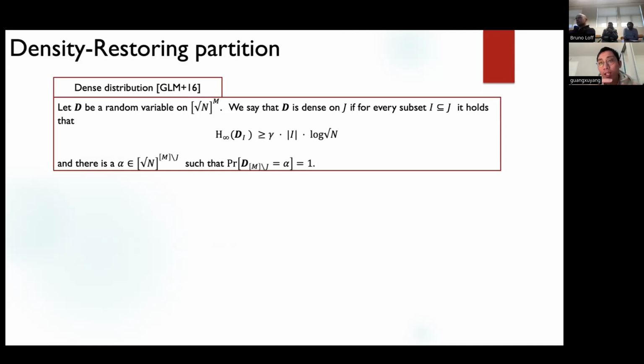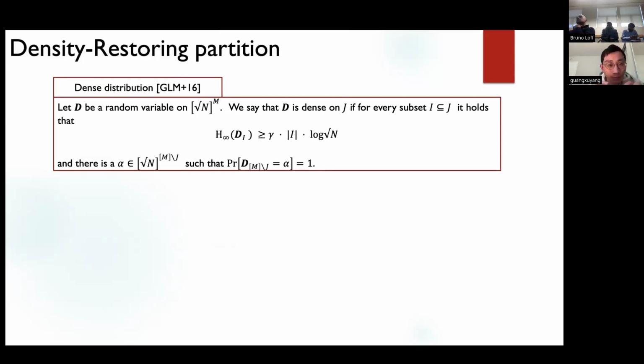So let's turn to how we achieve it. Achieving it means that we use a density increment partition. I think this is a standard technique in additive combinatorics. So first we define the dense distribution.